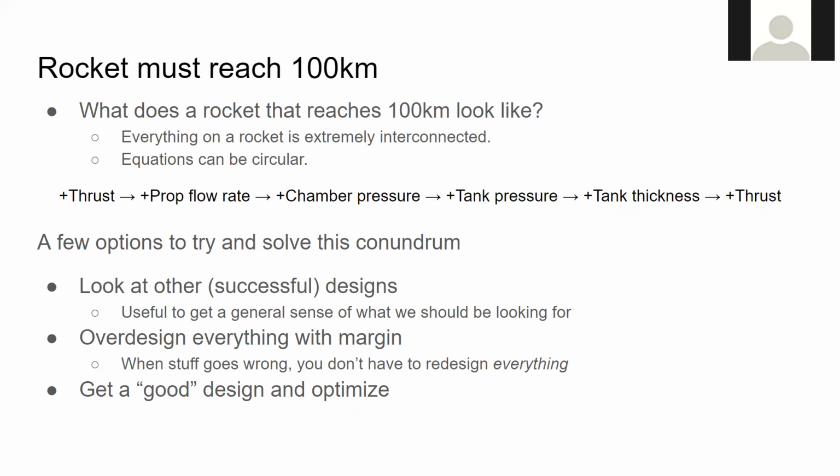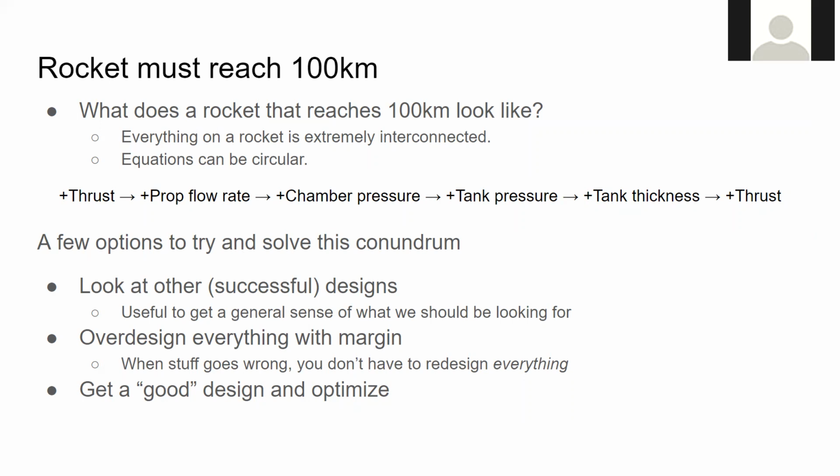But if you have a higher chamber pressure, you need to increase your tank pressure in order to compensate, which means that now your tanks need to be thicker because they hold back a larger tank pressure. But now since they're thicker, they're also heavier, and so you need more thrust. And it's very, very easy to get caught in these circular loops, and not necessarily easy to break out of them. So there's a few ways to try and solve this.